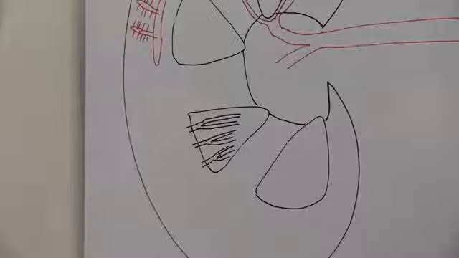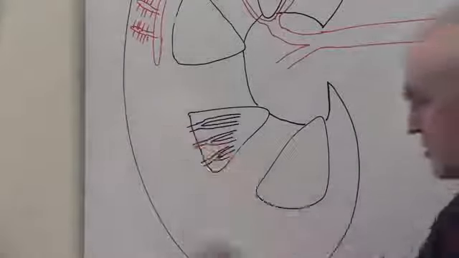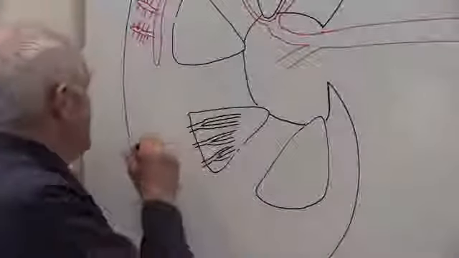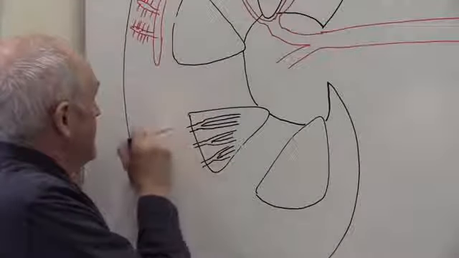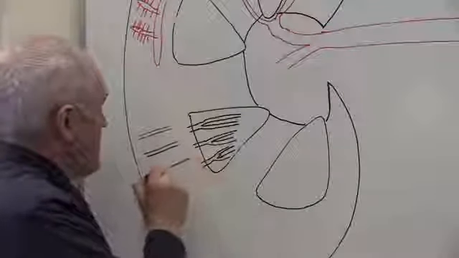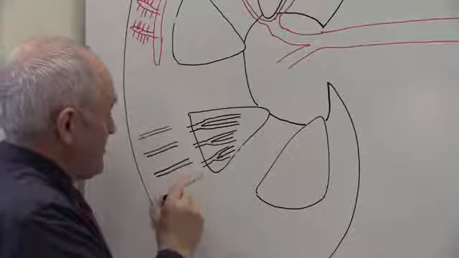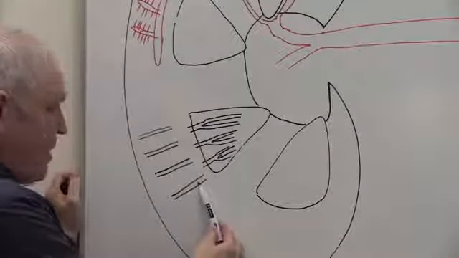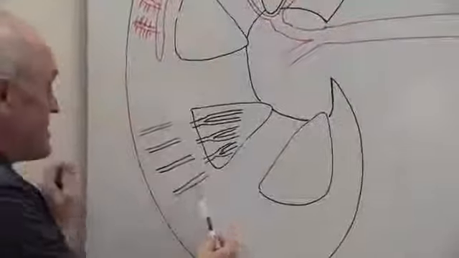And the situation is similar in the cortex. Here the peritubular capillaries drain into interlobular veins. So the peritubular capillaries, their venous blood is going to go into these interlobular veins.